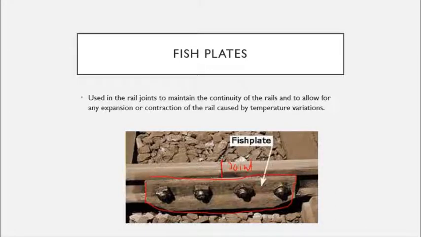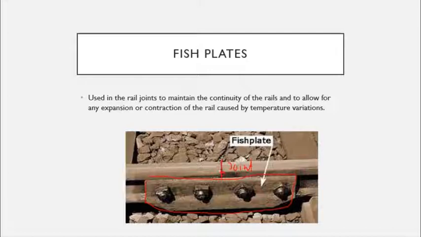So fish plates are used in rail joints to maintain the continuity of the rails and to allow for any expansion or contraction of the rail caused by temperature variations. So we know that during the winter season the metals will contract and during the summer season they will expand. So there should be enough space between the two pieces in order to avoid the cracks caused by these contractions or expansions.